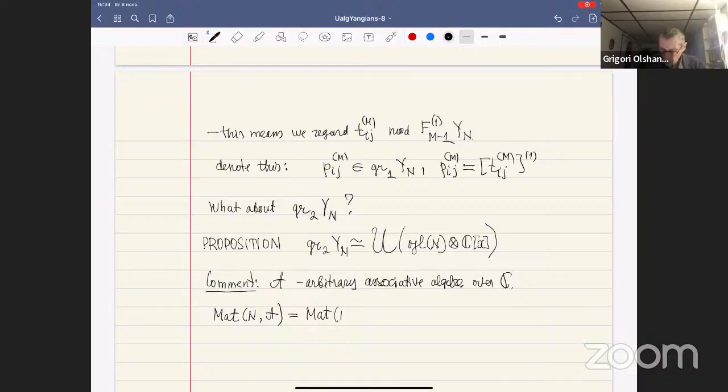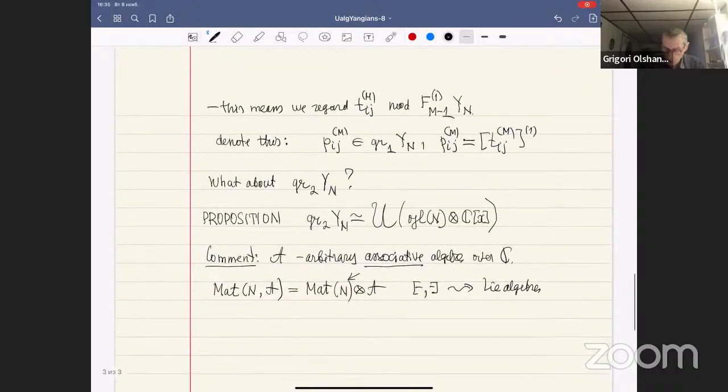One is the algebra of matrices, and the other is our algebra A. So this is also an associative algebra, and then we can transform it into a Lie algebra by taking as the bracket the commutator. So we get a Lie algebra, the same vector space, but with the bracket. Let's denote it.